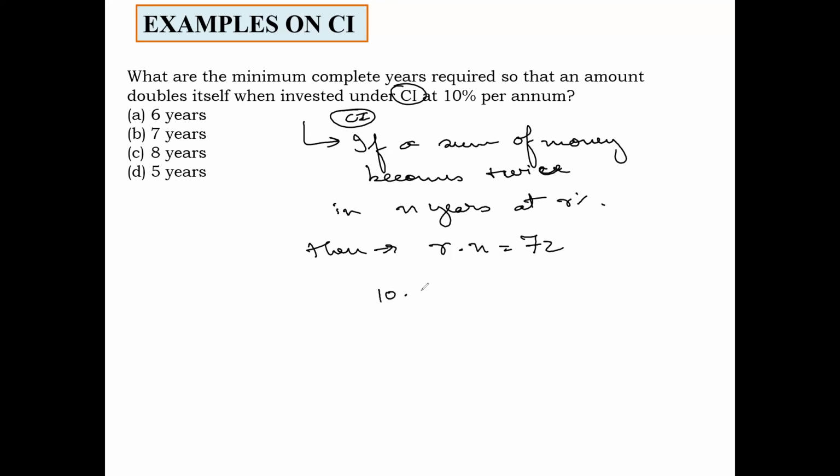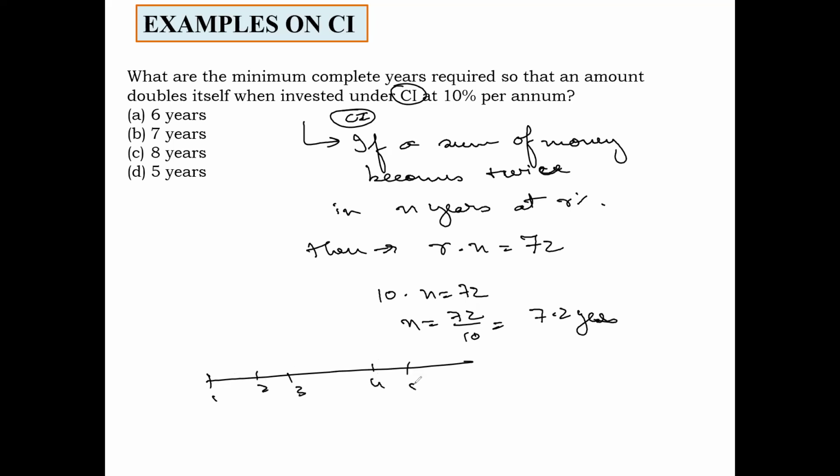Rate is given to be 10, and therefore n has to be approximately 72 by 10, which is 7.2 years. The question says, in how many years will it double itself? So if I look at the time period, year 1, year 2, year 3, year 4, year 5, year 6, and then year 7, has the money doubled here? At this point, it has not doubled. It will double at about 7.2 years.